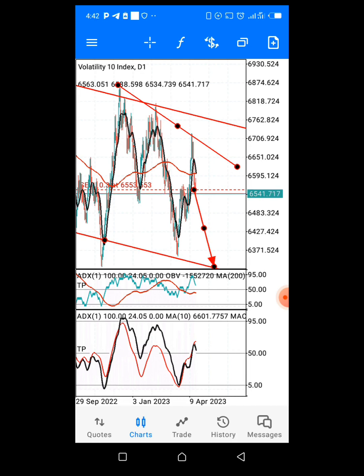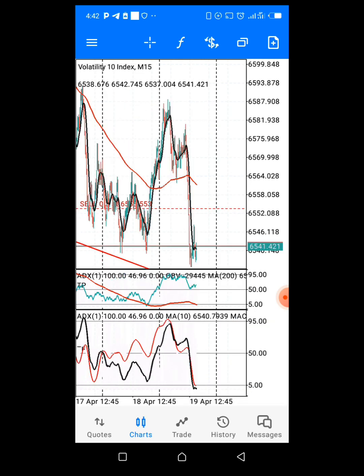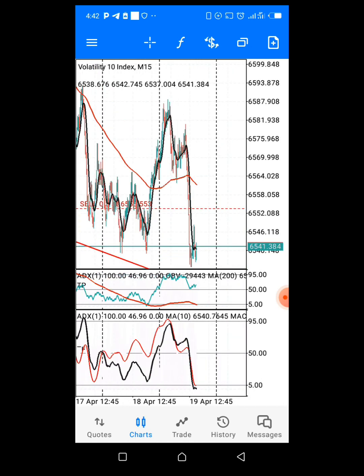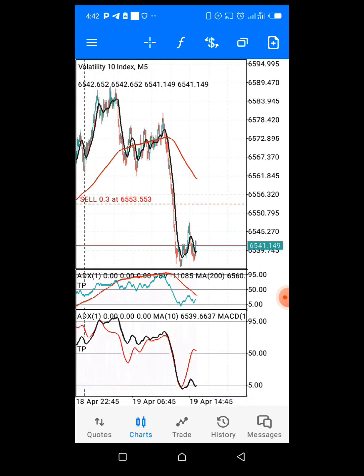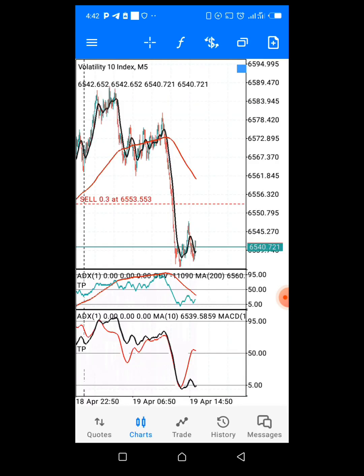So what are we expecting our smaller time frame to do now to give us the pattern? We are expecting our smaller time frame to be in a downward trend. So now let's move to the M5. You can see what the market is doing. So what made me take this trade is that when I came to the market, I saw a pattern that the market created here, head and shoulder pattern.